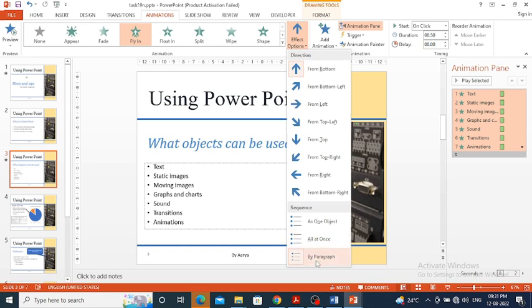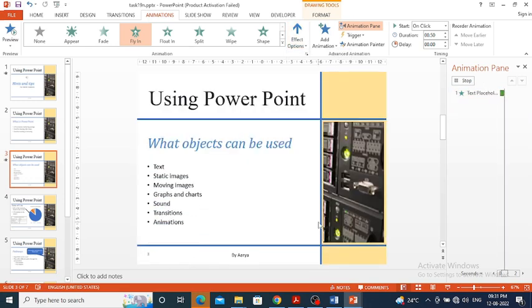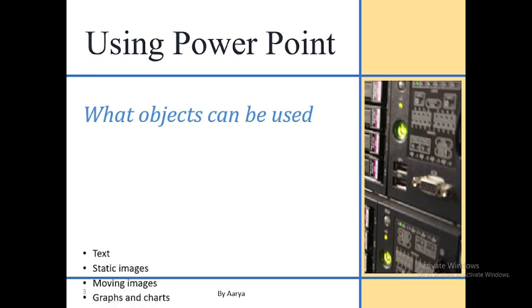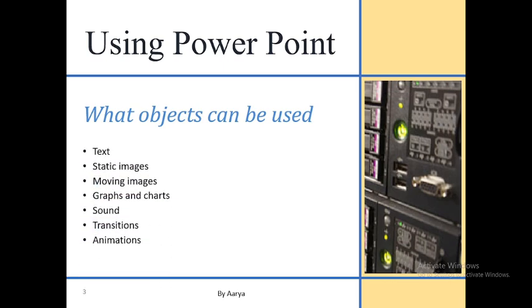By paragraph means one by one it will display. As one object means the box of list items is considered as one object, and the effect is applied to the whole. So I apply this effect to the whole box. Now if you see the animation, when I click, the whole box is considered as one object and it scrolls up, the effect applied to the whole structure.